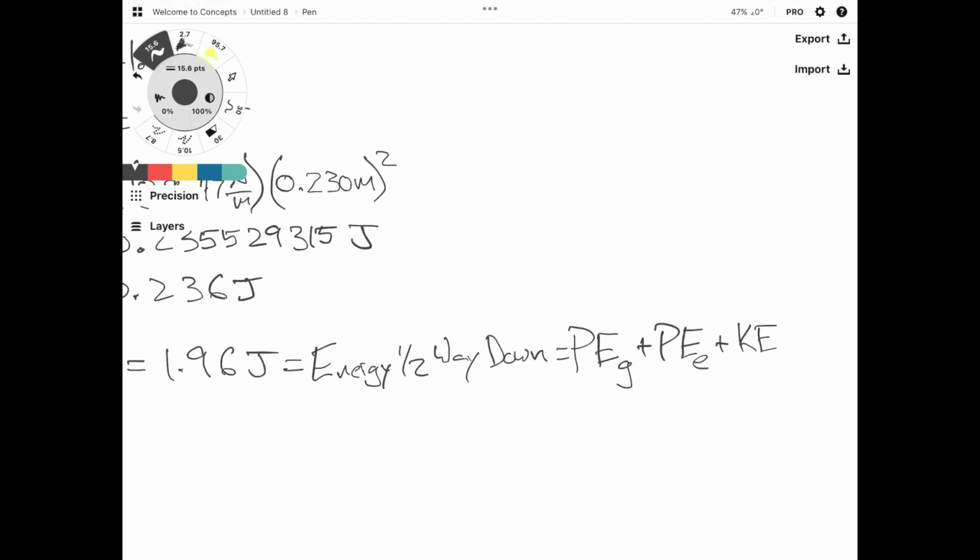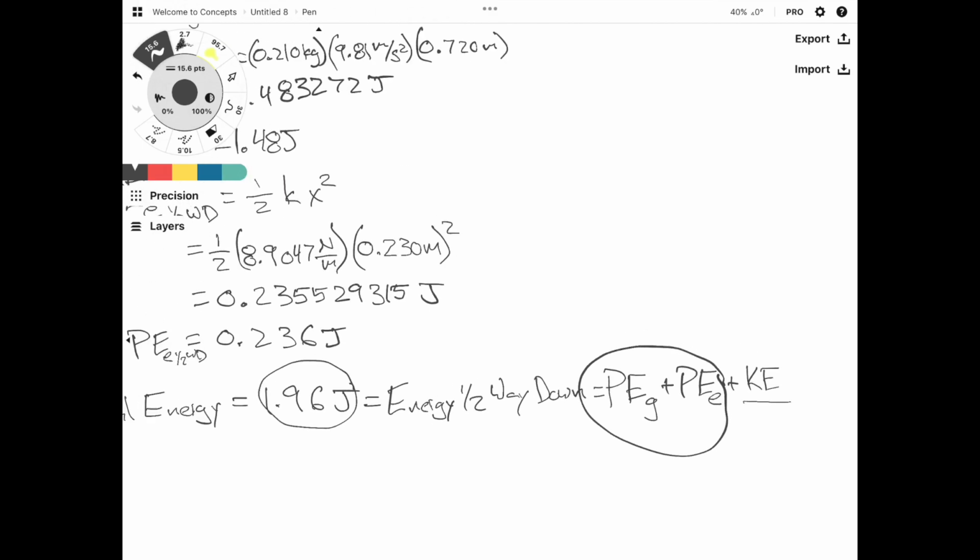If I know the sum of the gravitational potential and the elastic potential, then I can figure out what the kinetic energy is.